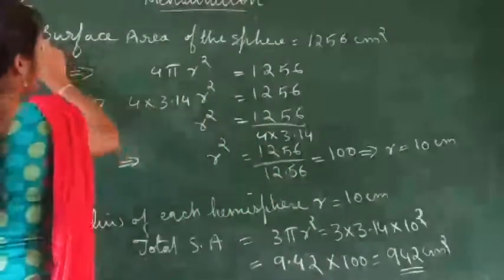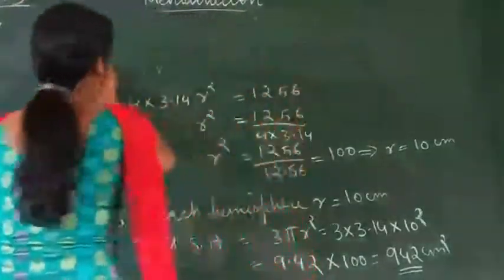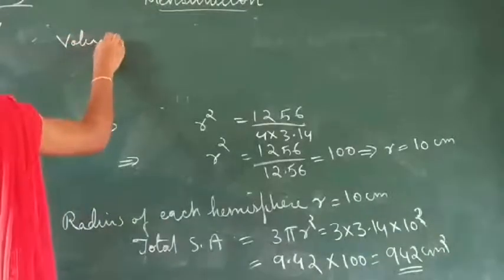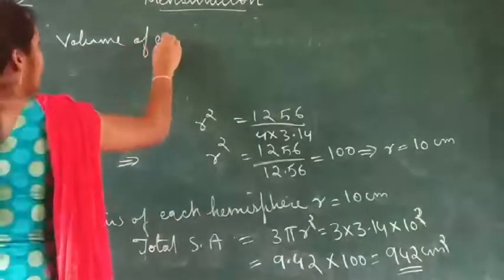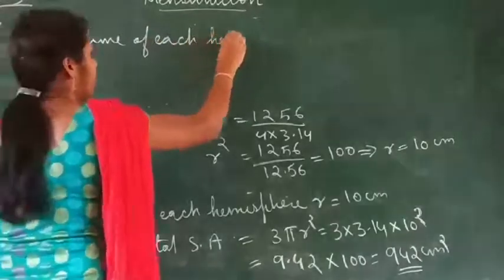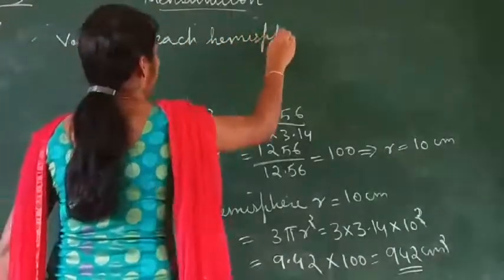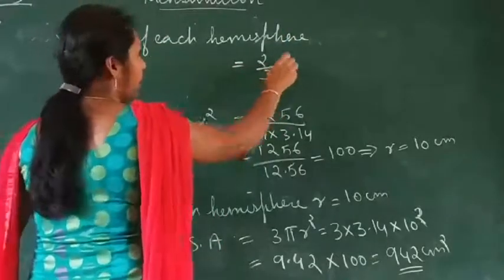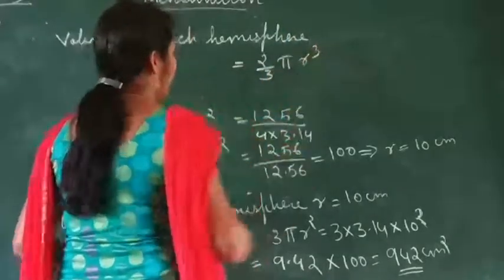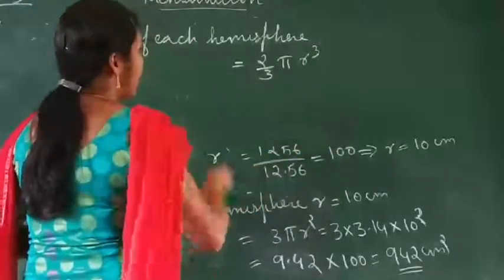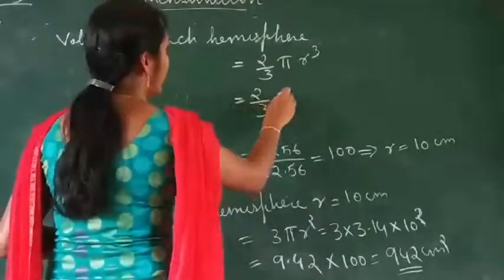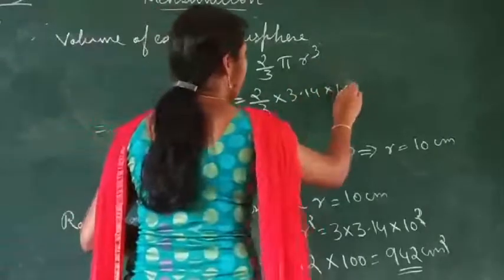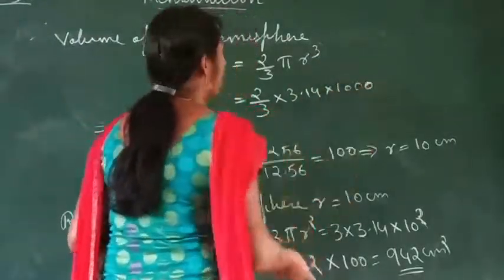Now volume of each hemisphere we can find out using the formula. Volume of each hemisphere is equal to 2/3 πr³. That is equal to 2/3 into 3.14 into r³, 10 into 10 into 10, that is 1000.